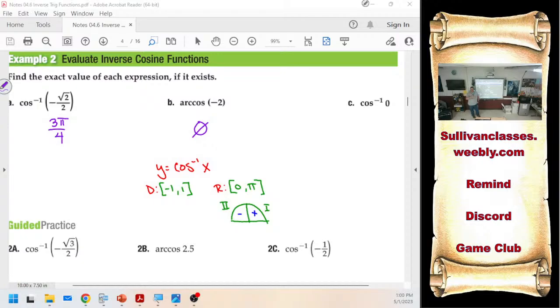Arc cosine is the x values. Wait, what? No, it's pi over 2. Oh, sorry, I got that backwards. I'm tired. It was a long weekend.